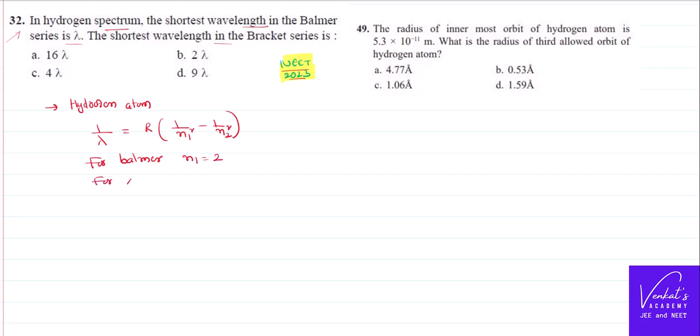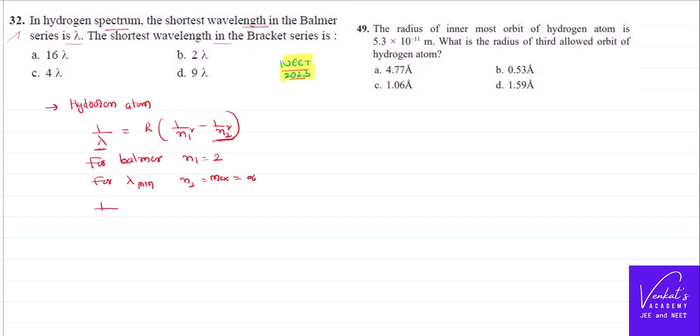For lambda to be minimum, for the shortest value, n2 has to be maximum, that is infinity. When that is infinity, something by infinity becomes 0. So 1 by lambda will become maximum because you are not subtracting anything, therefore lambda becomes minimum.